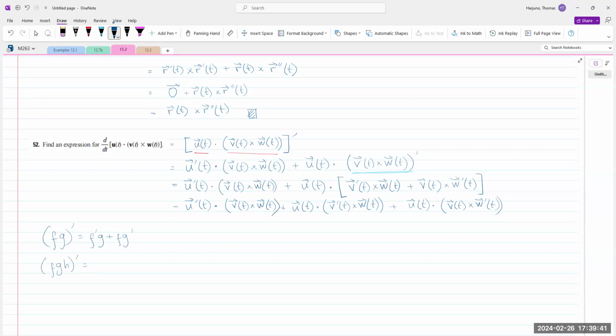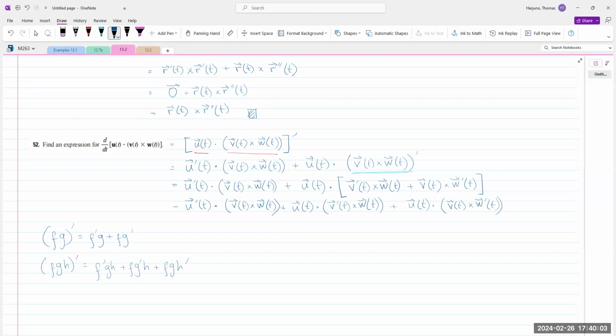You will see it actually looks like this: f'gh plus fg'h plus fgh'. It becomes three terms, but the primes are applied to each function one by one.